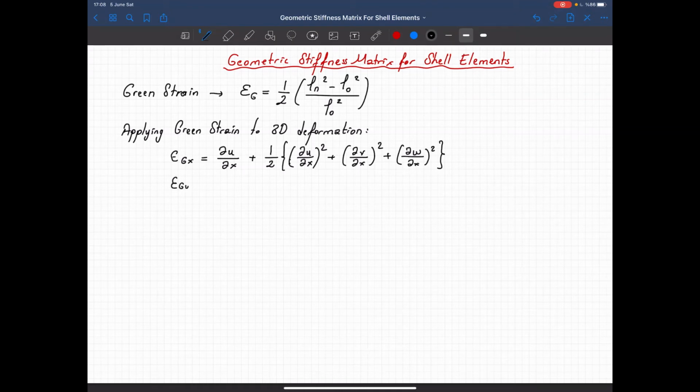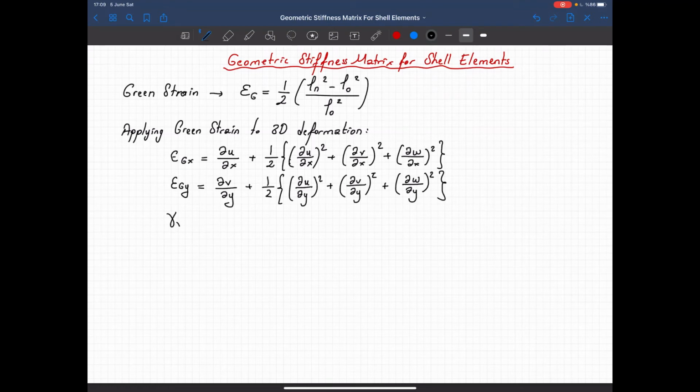Now the Green strain y will be equal to del v over del y plus 1/2 del u over del y squared plus del v over del y squared plus del w over del y squared. Okay, so you can write the strain in the z direction, same form.